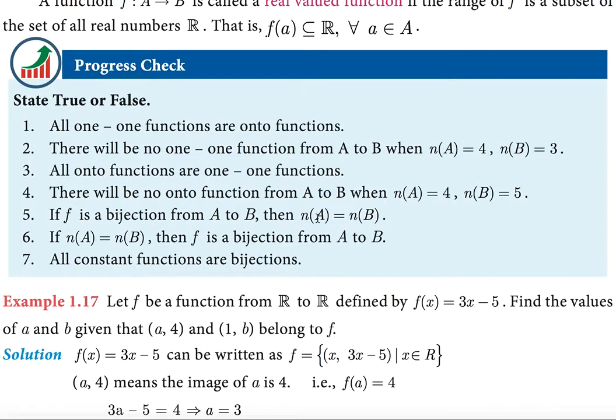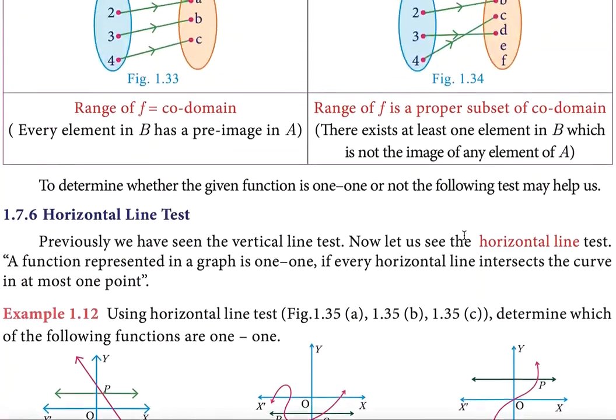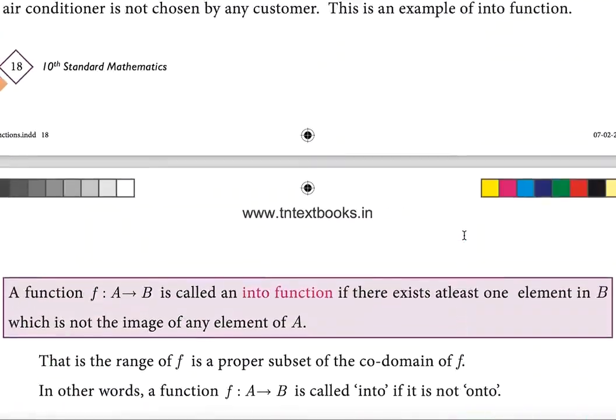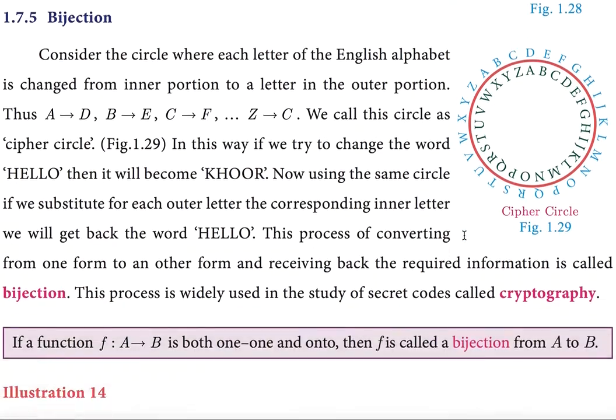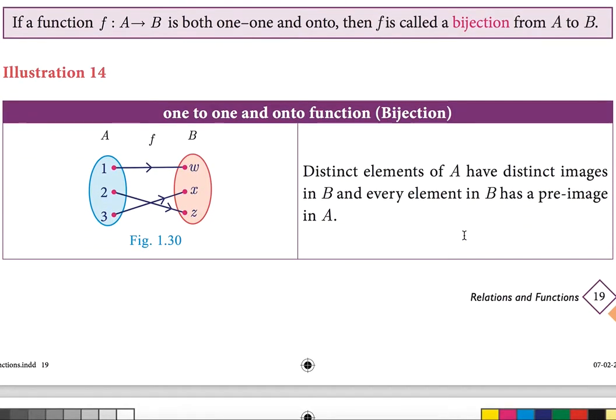If f is a bijection from A to B, then n of A equals n of B. So what is a bijection? Just now we have seen, it should be one-to-one and onto also.